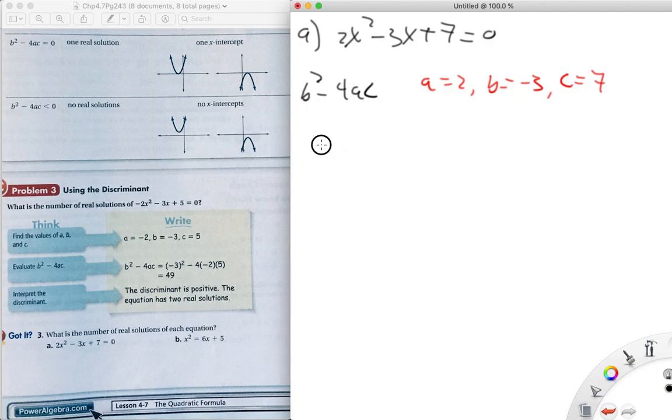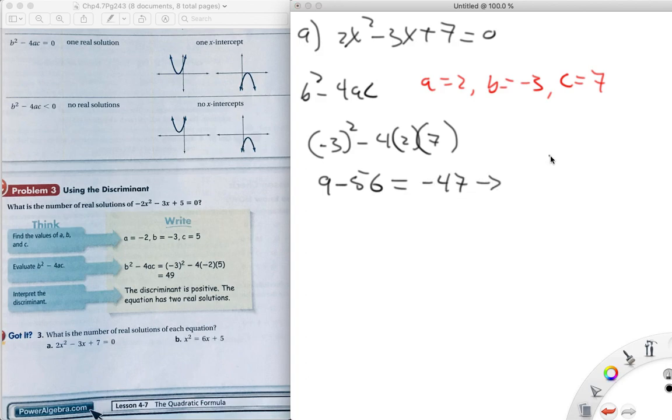So this is going to be -3 squared minus 4 times 2 times 7. So it's going to be 9 minus 8 times 7, which is 56. That is going to give me a negative answer. So -47. So that means no solutions.